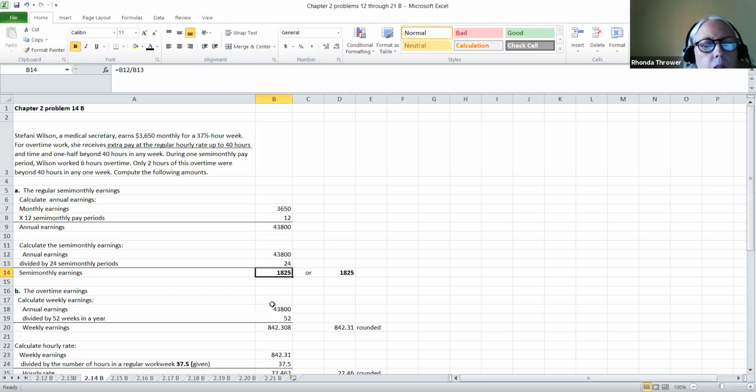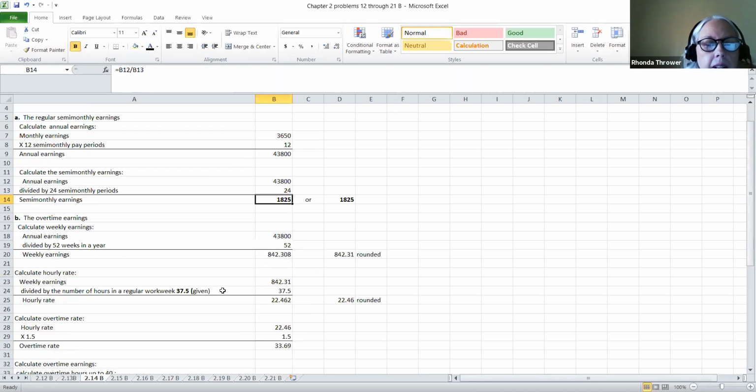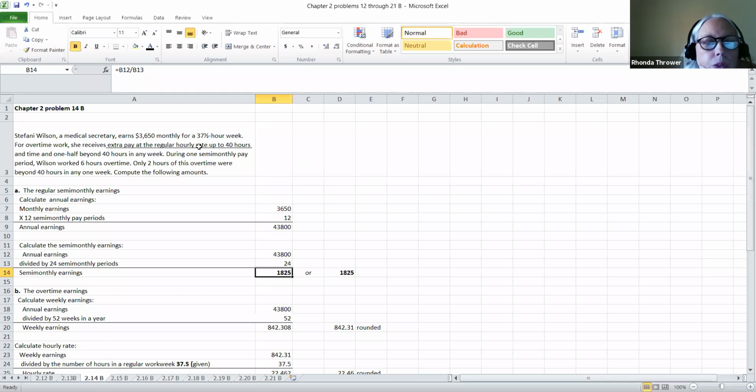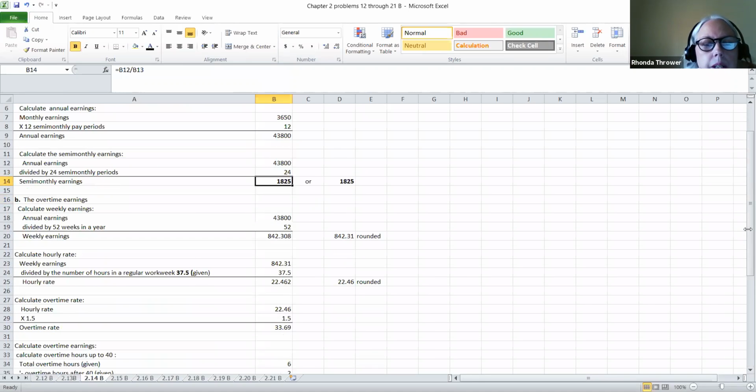And to do that, we would divide the annual earnings that we came up with earlier by 52 weeks. And then once we get our weekly earnings, we're going to divide that. Now listen up closely here. Once we find our weekly earnings, we're going to have to divide it by the number of hours in a regular work week. And this employee's regular hours are 37 and a half hours.